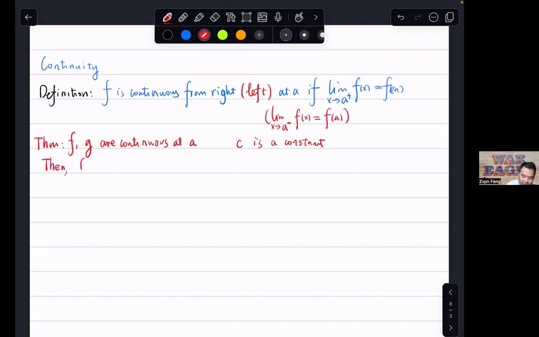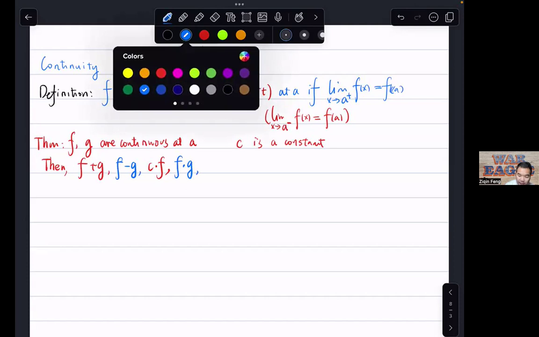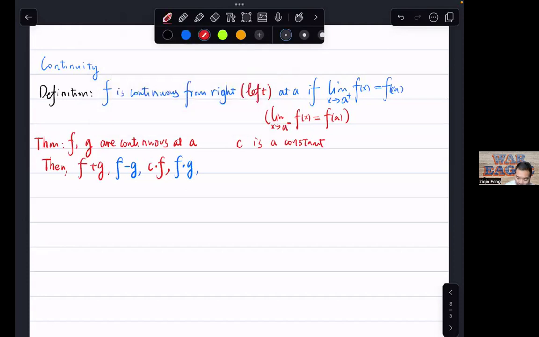For example, f plus g, f minus g, c times f, the product f times g, and the quotient f over g.